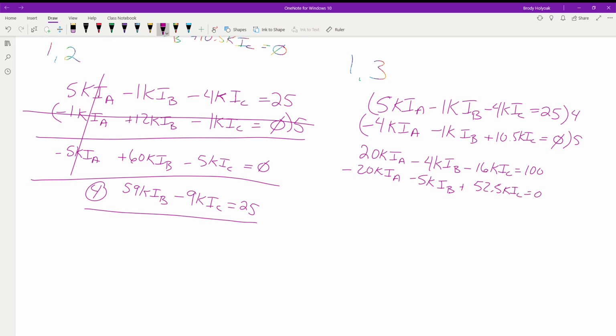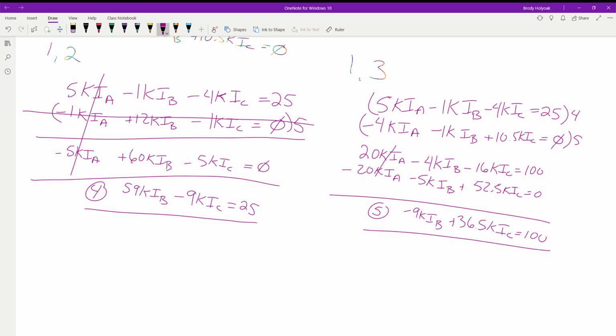Now we combine these together, the IAs are going to drop off. We have negative 9K IB and a plus 36.5K IC is equal to 100. That gives us equation number 5. And we are officially out of time. So we'll pick up here. Finish your problem at home if you can. If you need help, we'll come here and then we'll finish up the rest tomorrow.